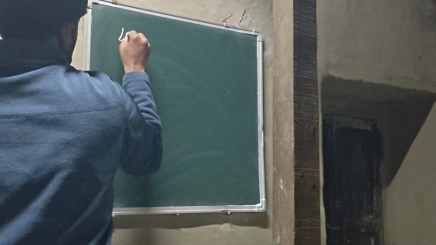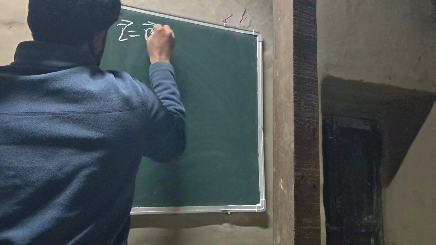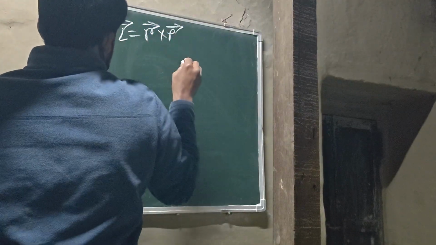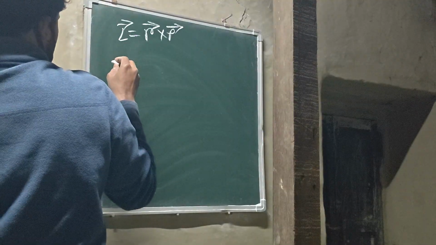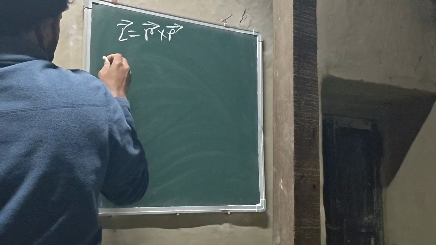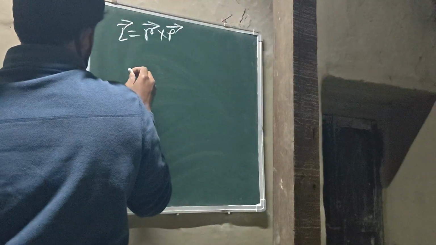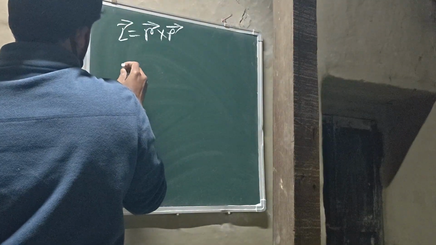From the definition we get L vector equals R cross P. Now we differentiate it with respect to time.